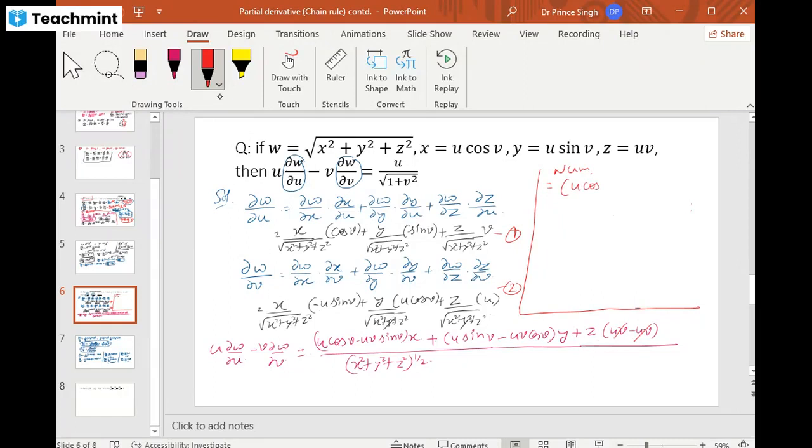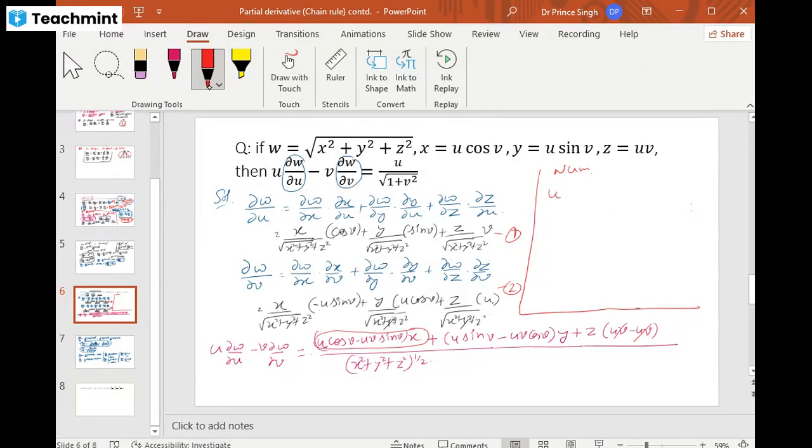u cos v minus uv sin v into x. X is again u cos v, plus, that means if I open this particular bracket, I'm considering the first term here, this particular one, right?